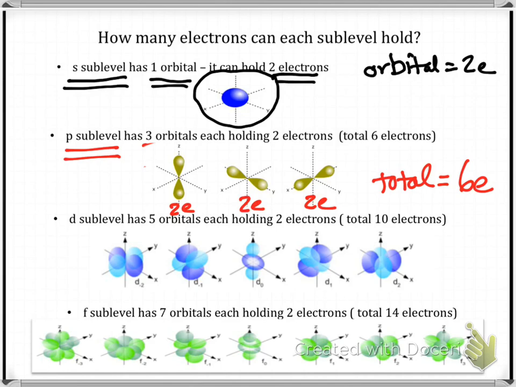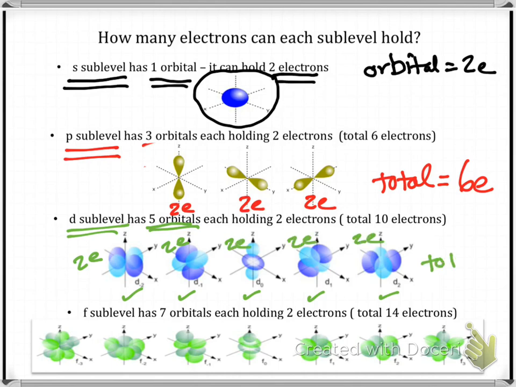Next we have the d sublevel. The d sublevel has 5 orbitals. Here's 1, 2, 3, 4, 5. This means I have 5 different clouds where the electrons can be found. Each one can hold 2. So this one can hold 2 electrons, 2 electrons, 2 electrons, 2 electrons.